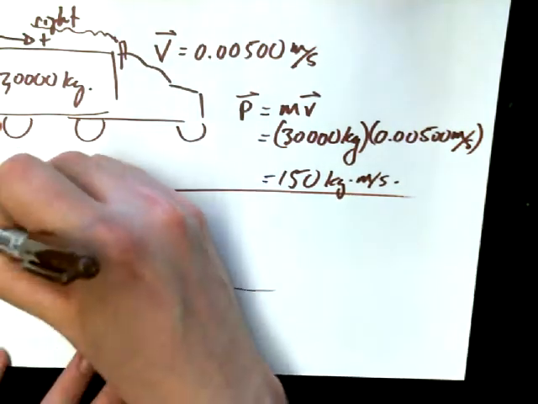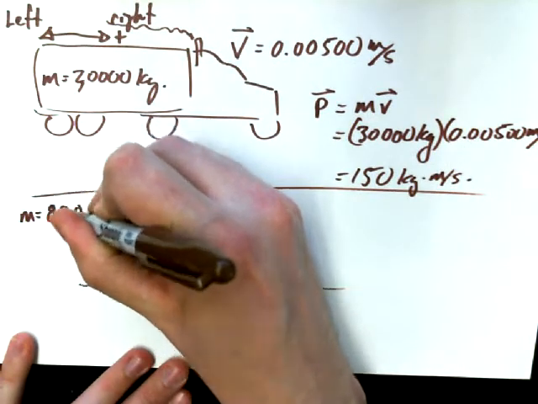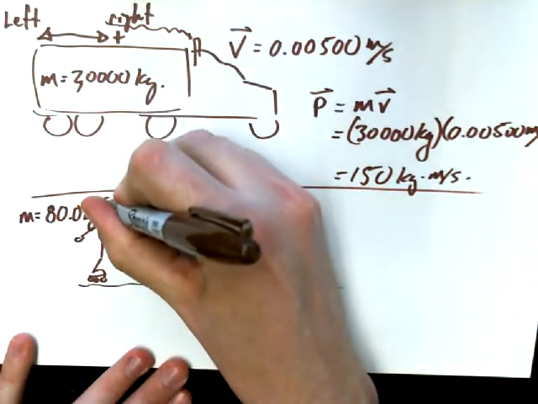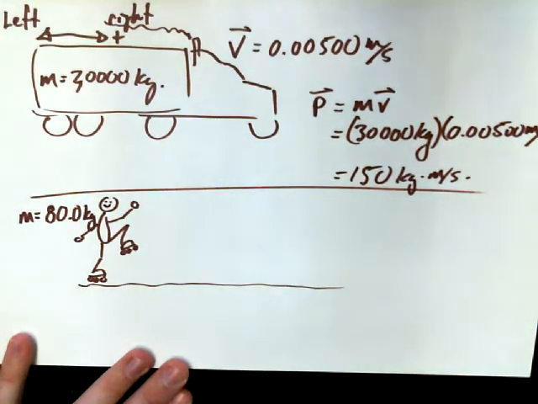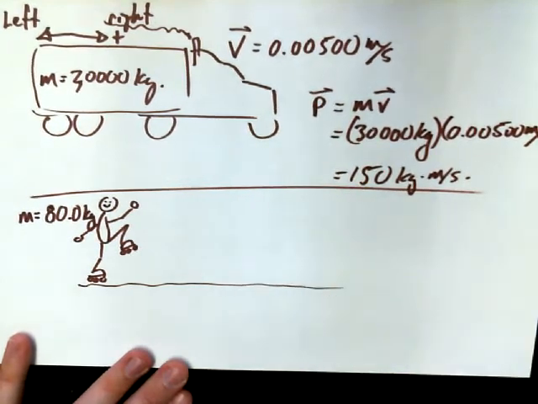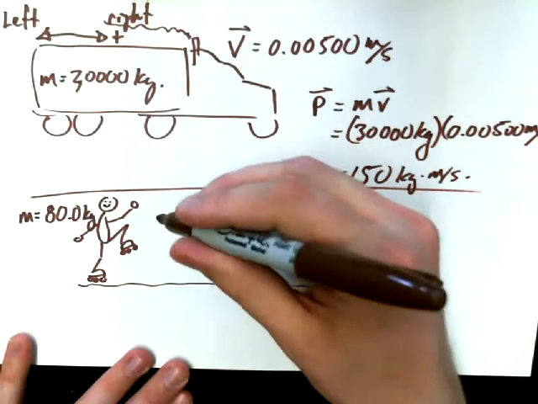And I'd like to say this roller skater has a mass of 80.0 kilograms. Okay? And they're happy because they're roller skating. 80 kilograms. I'd like to figure out what a reasonable speed would have to be for this reasonable mass roller skater to have the same momentum as that transport truck.